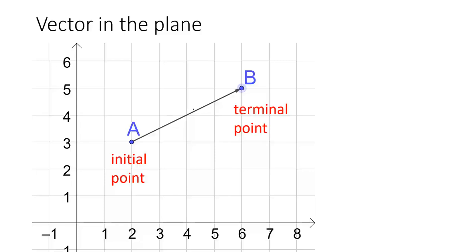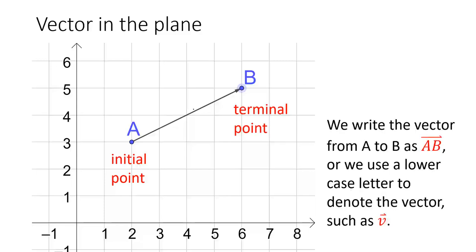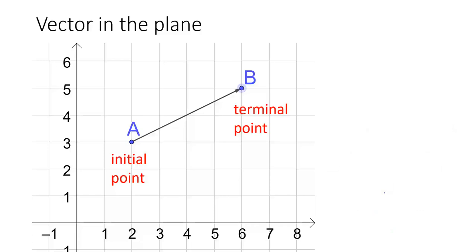Point B is where the vector ends, called the terminal point. We write our vector as AB with an arrow on top, which means our vector starts at A and ends at B. Sometimes we also use a lowercase letter with an arrow on top to indicate a vector.